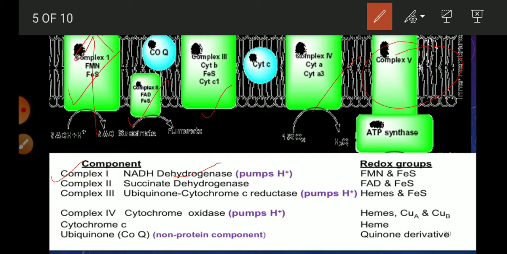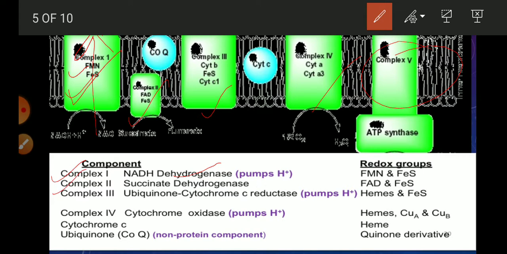In complex one, there are some proteins which are embedded, that is FMN and FeS. FMN is called flavin mononucleotide protein, and then we have FeS, which is termed the iron sulfur complex.